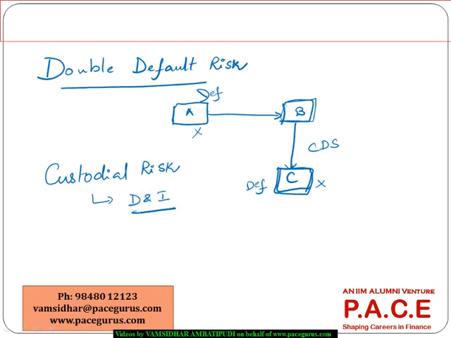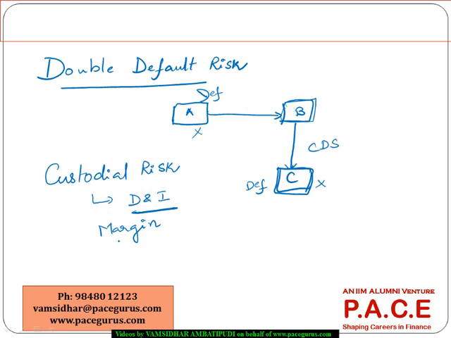The custodian's job is to collect all these things and transfer the securities, collect the money, sell, lend, and transfer the securities to be available for delivery. Even the margins, maintaining the margins, the custodian is responsible for the same.